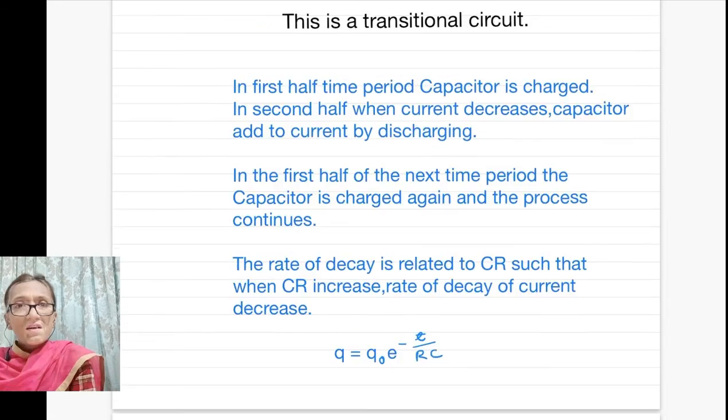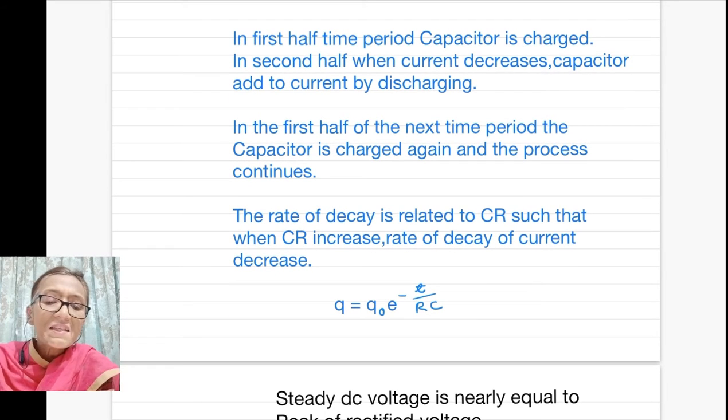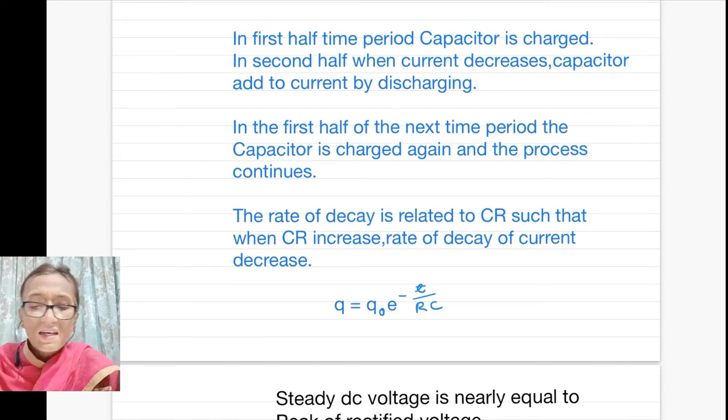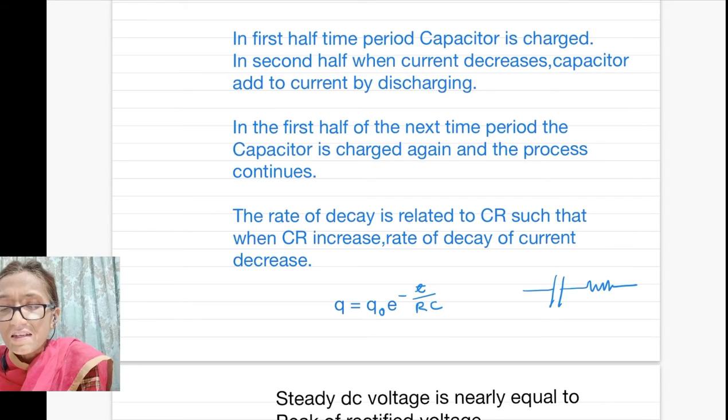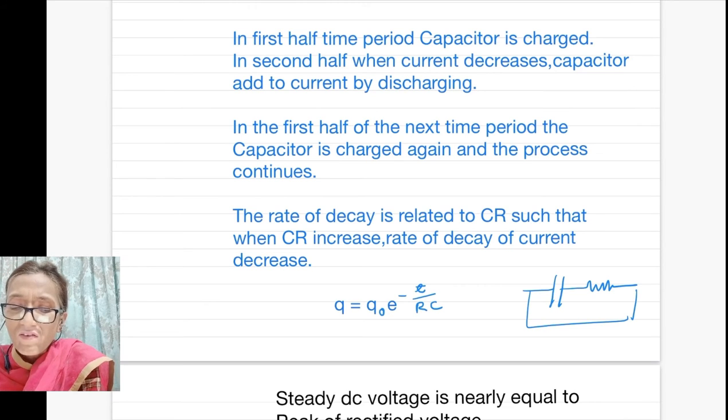So you would be knowing there is an RC circuit, and that is what I am drawing here. Here you have a capacitor, then a resistor. There is a series RC circuit. Similarly, you may have a parallel RC circuit.